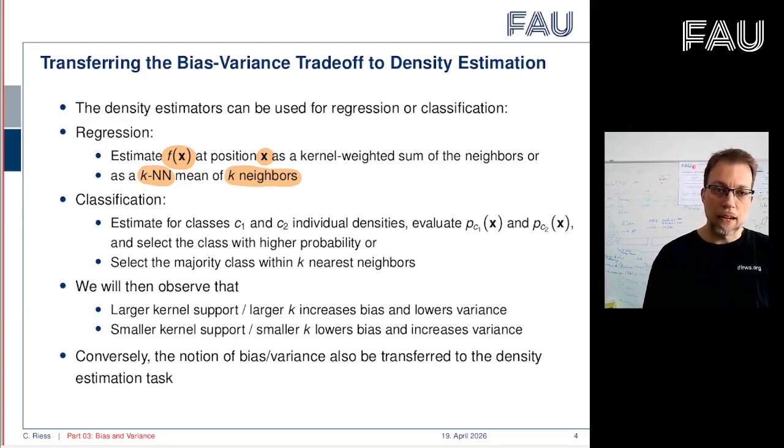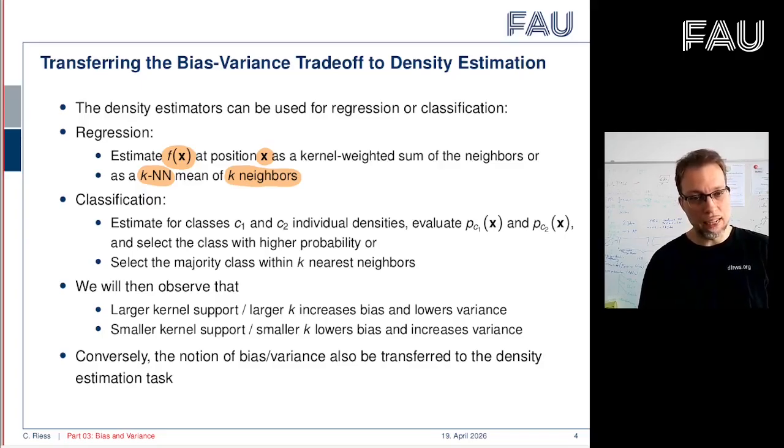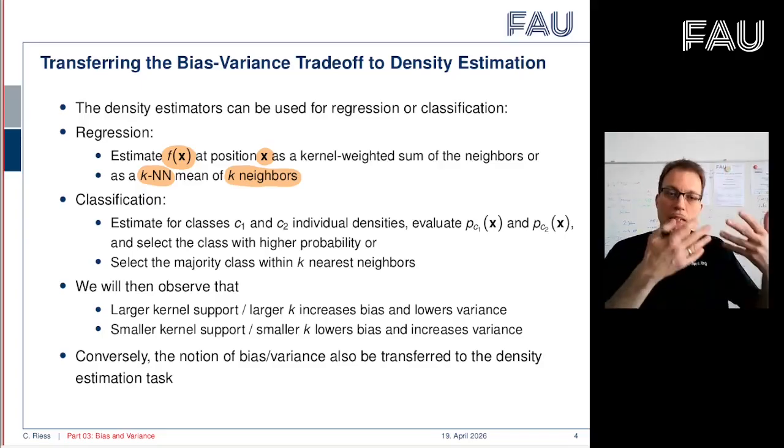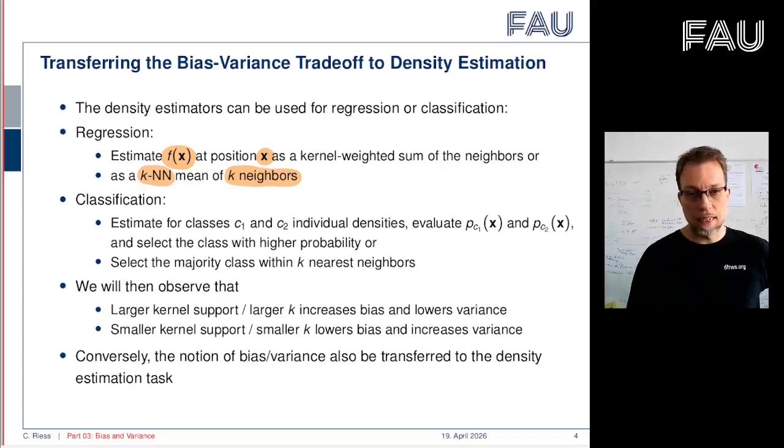Analogously, we could define a classifier. For the density estimator, it's a bit more complicated. We would say, okay, then we need labeled data. We have classes C1 and C2, and we can estimate a density for C1. We can estimate a density for class 2.